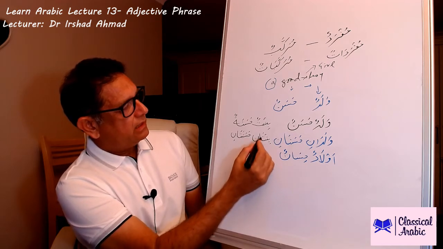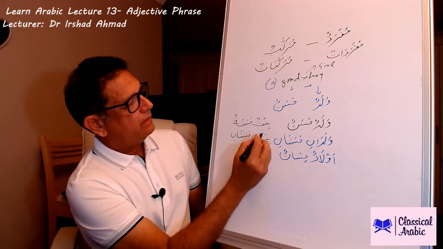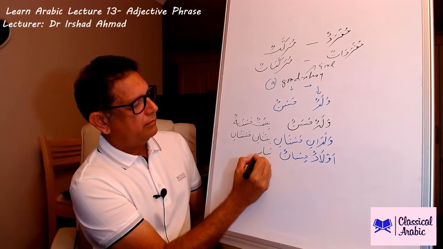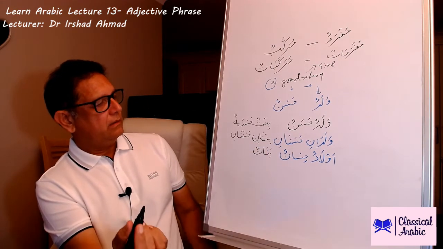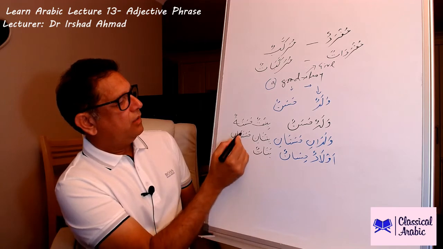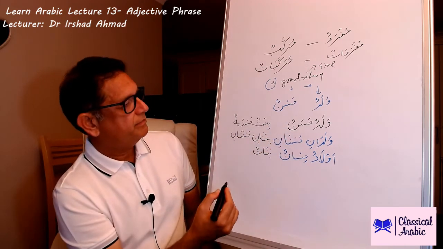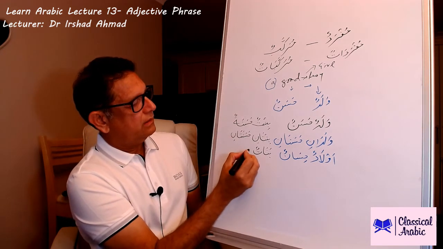Plural of that is again jama mukassar, which is bintun, banatun, some girls. Okay, and now we want to say some good girl. We are keeping this indefinite. So banatun, and that will be hasanatun.